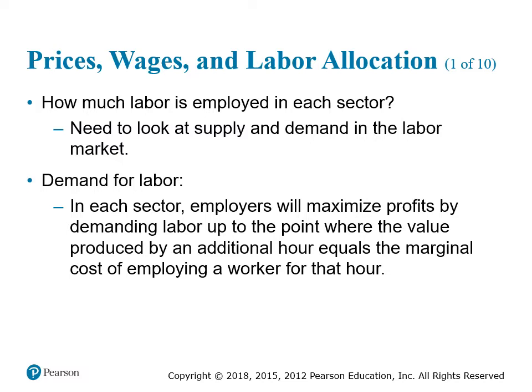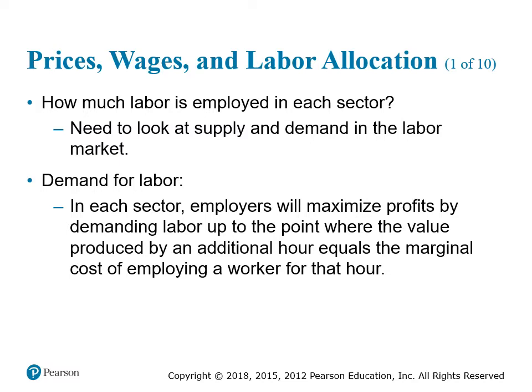So the cost of employing one person, which is $10, should be equal to the value that person produces. So the demand for labor, in summary, is that a person will employ one more worker up to the point in which the value that worker produces is at least equal to the cost of employing that worker.